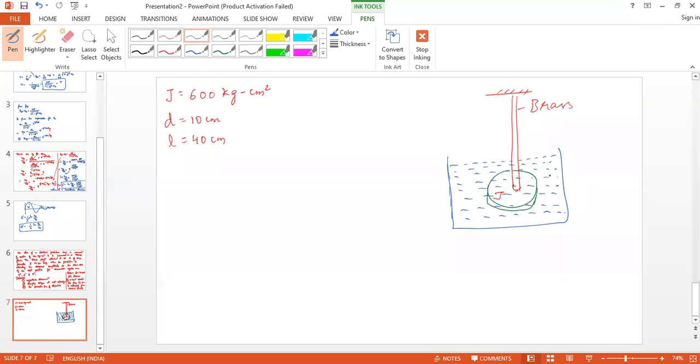It is immersed in a fluid and this disk has been given some initial displacement, that is initial rotation. After giving the initial rotation and leaving it, it starts to oscillate or rotate in both clockwise and anti-clockwise direction before coming to rest.